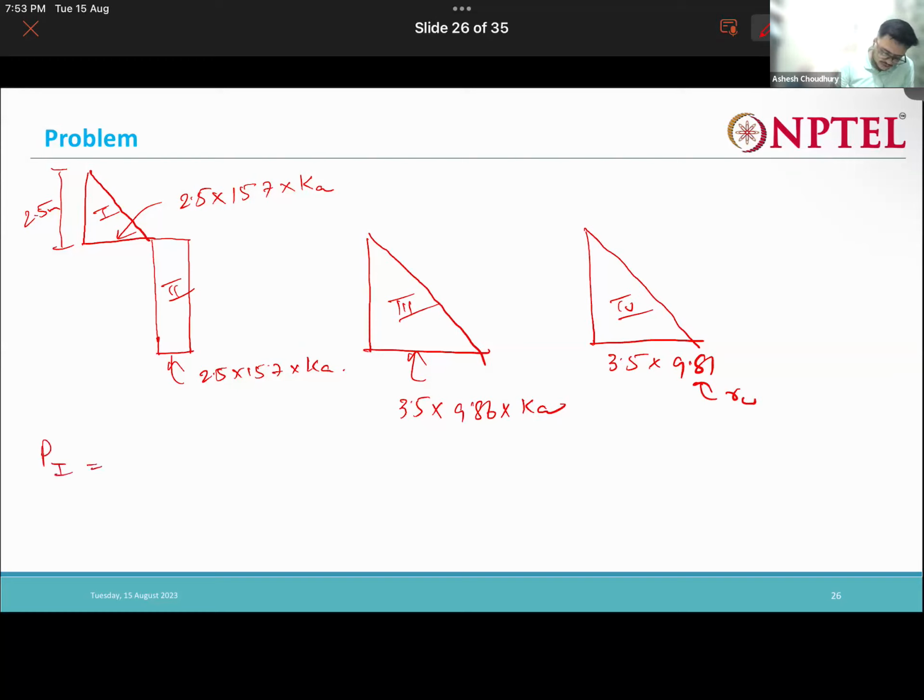P1 is equal to the area of the first triangle, so half into 2.5 into 15.7 into 0.271.